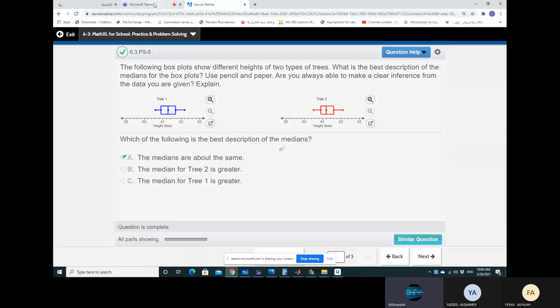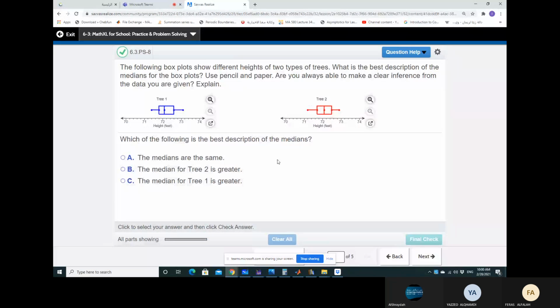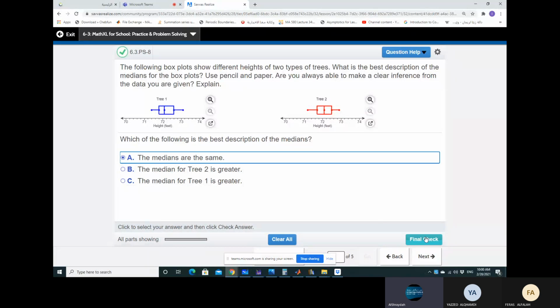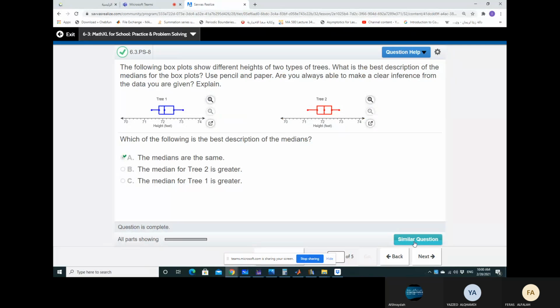Here we have another question. Students, please participate. Firas, Yazid. The medians here are the same. Let's take a similar question. Okay.